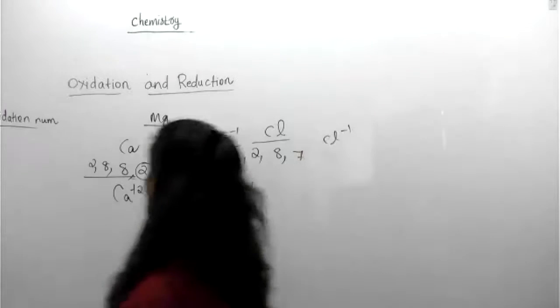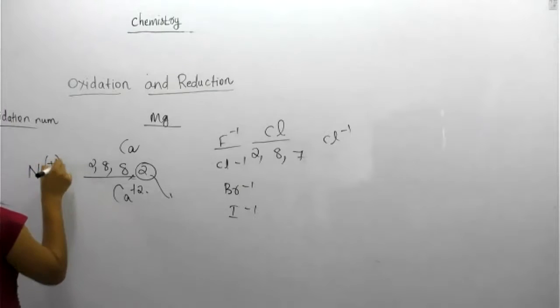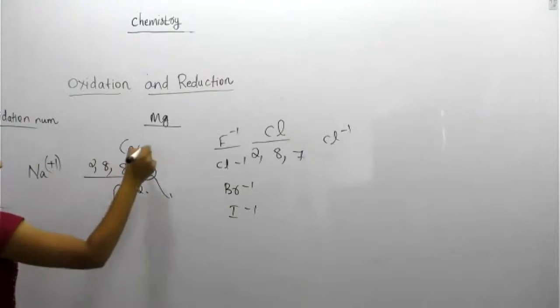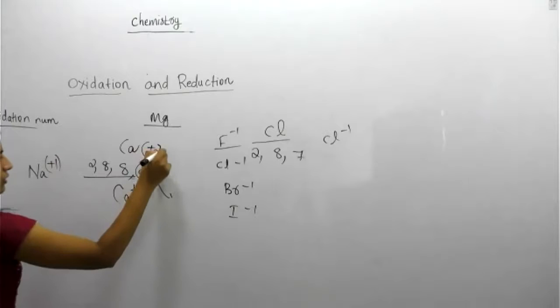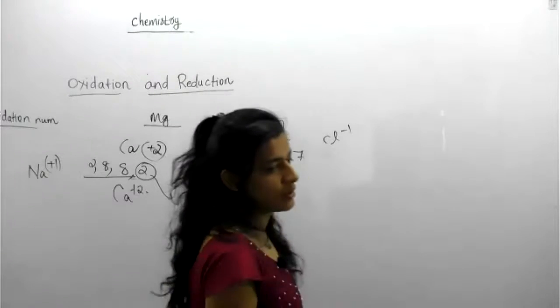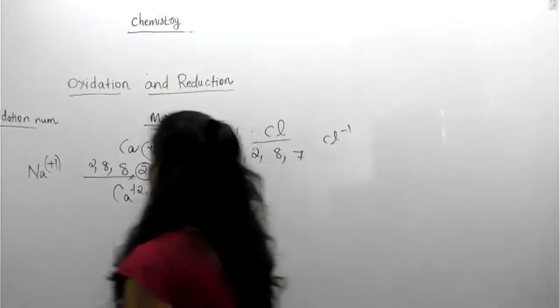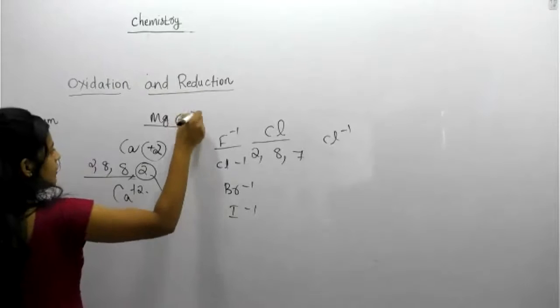Sodium is plus 1 in nature, we already checked. Calcium is plus 2 in nature. So what about magnesium? Chlorine is minus 1. Magnesium is plus 2, very good. Magnesium is plus 2 in nature, very good.